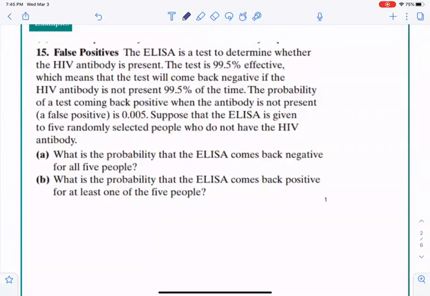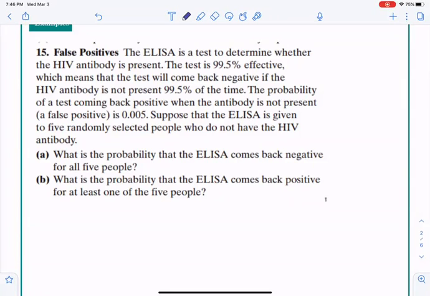So the ELISA is a test to determine whether the HIV antibody is present. ELISA stands for enzyme-linked immunosorbent assay. They say that the test is 99.5% effective, which means that the test will come back negative if the HIV antibody is not present 99.5% of the time.